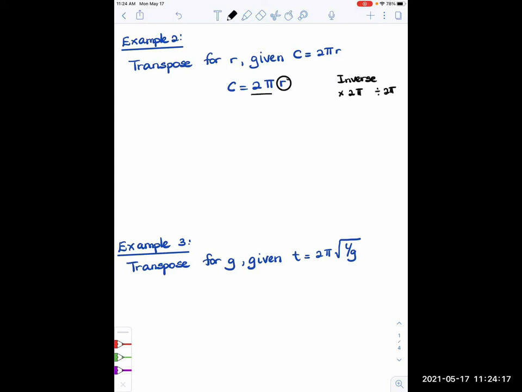For a term to be cancelled, it must be found in the numerator and denominator. So I'm going to divide both sides by 2 pi. Here I have removed 2 pi from my right-hand side, and R is equal to C divided by 2 pi. So I have completely transposed the formula, and R is the subject.